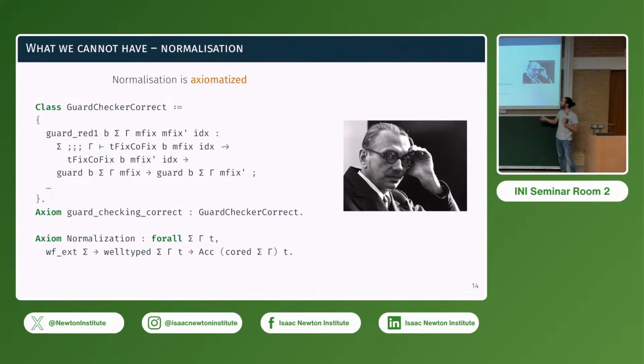And because the guard only exists for normalization, instead of having one precise given guard, we just assume that we are given one and that it has a bunch of properties. For instance, this is saying that the guard is stable under reduction. I think there are also things that are stable under substitution. And assuming that there exists such a guard and that normalization holds, we get all the things we need. That's all that we have to assume, but we have to assume that to make Gödel happy.